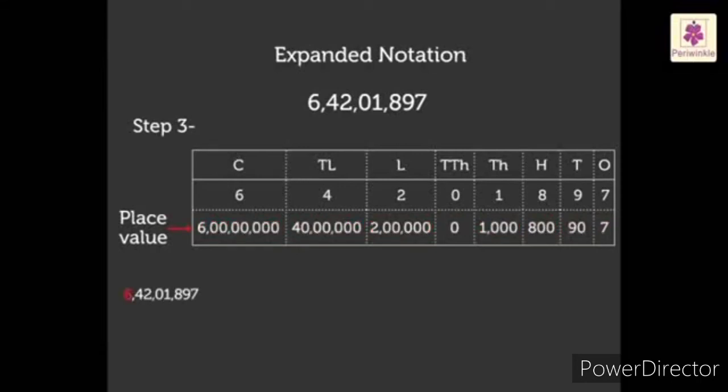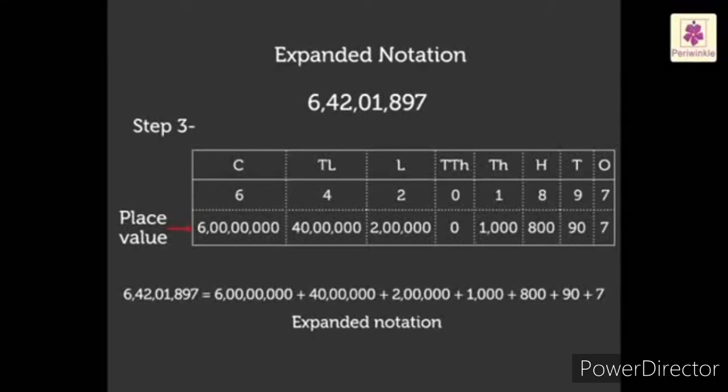That is 6 crore 42 lakh 1897 is equal to 6 crore plus 40 lakh plus 2 lakh plus 1000 plus 800 plus 90 plus 7, which is the expanded notation. As there is 0 in the 10,000s place, we do not include it in the expanded notation.